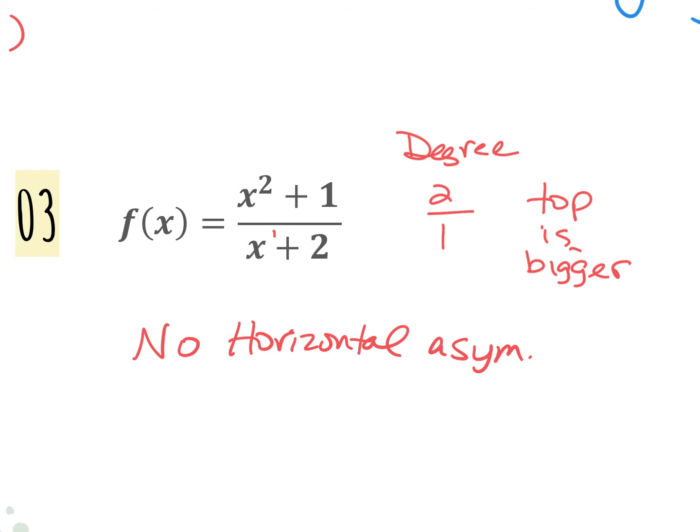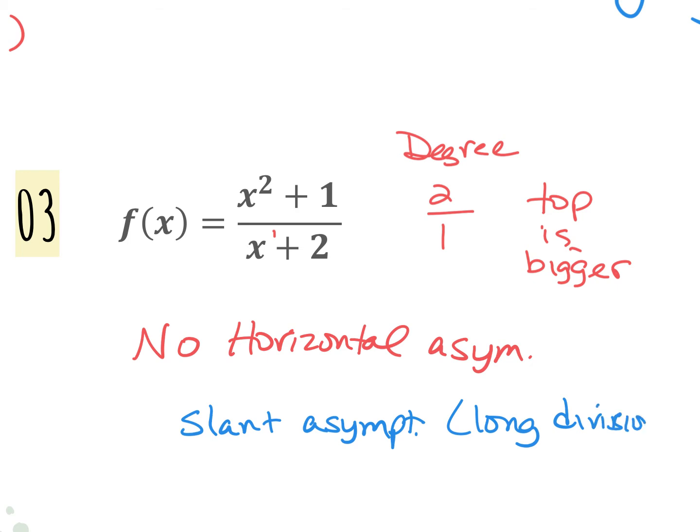Since the top is actually one bigger, there's actually going to be a slant asymptote, but we're going to learn how to find that later on. So if it asks you to list horizontal and vertical asymptotes, for horizontal you would put none. Again, to find this slant asymptote, we're going to be using long division. And we're going to cover that later on, but not today.